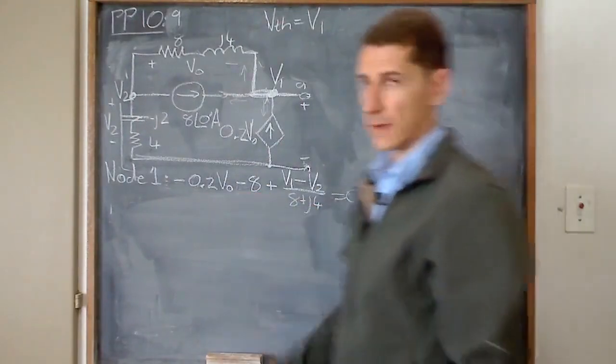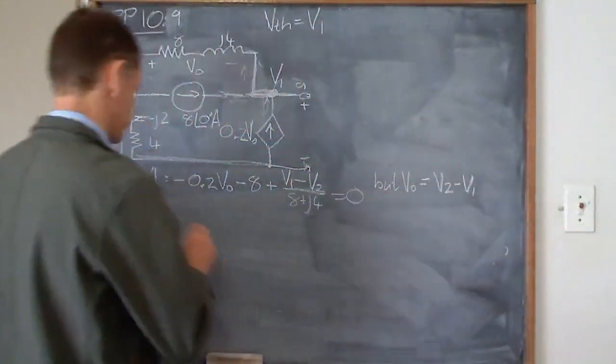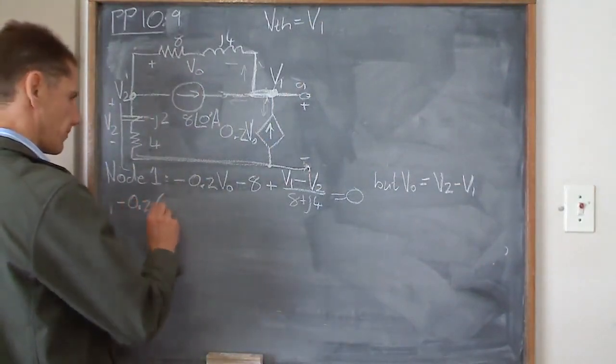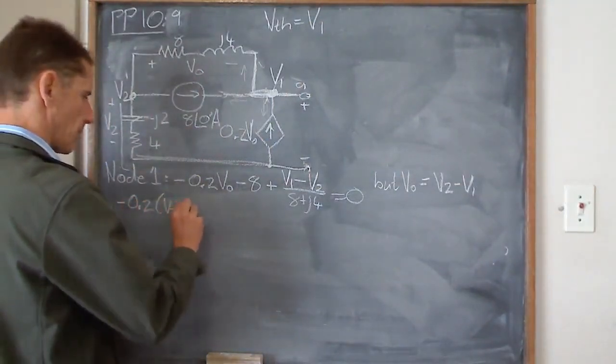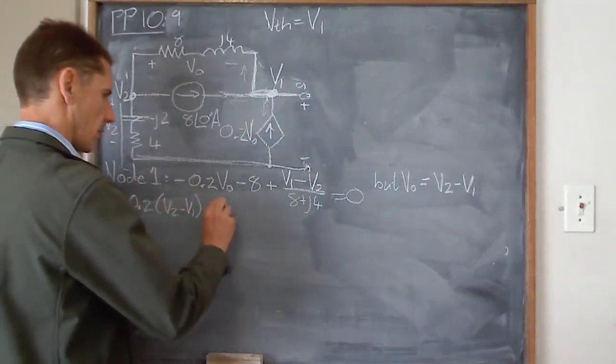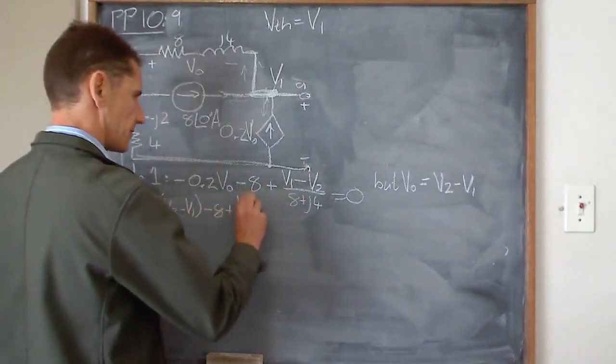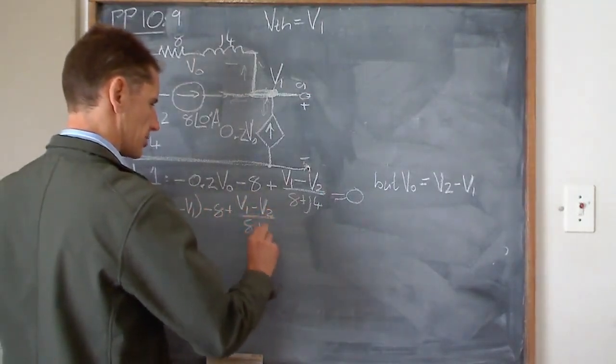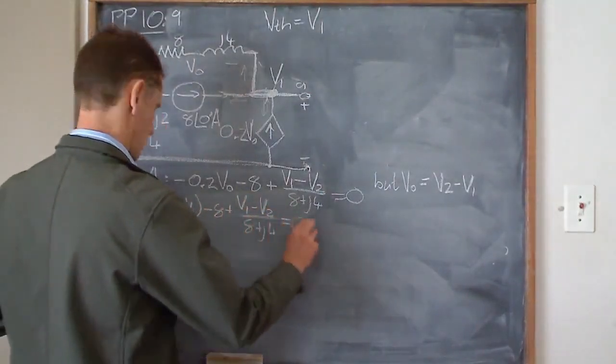So let's substitute that back into this equation. So I get minus 0.2 times V2 minus V1, minus 8, plus V1 minus V2 over 8 plus J4 equals 0.